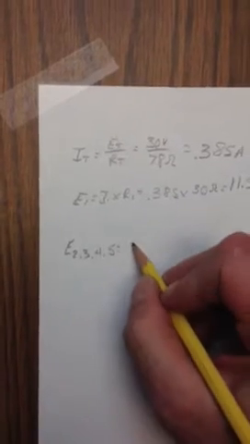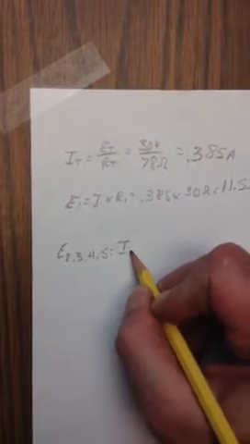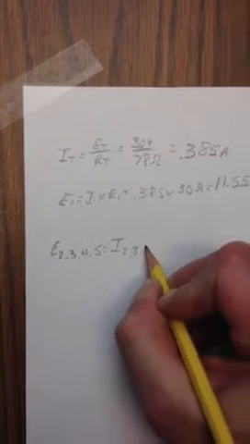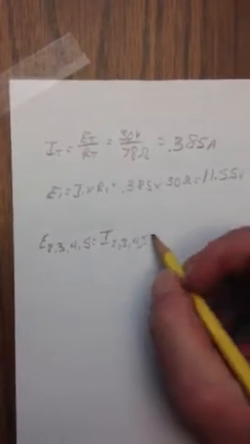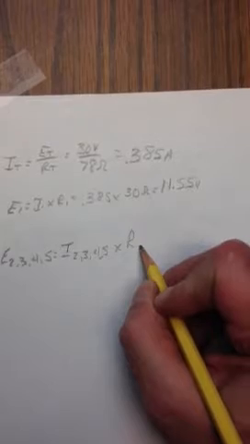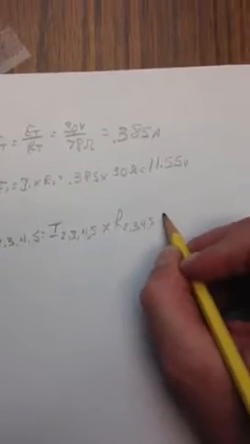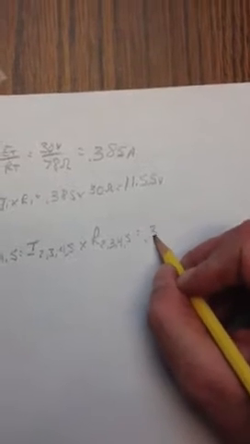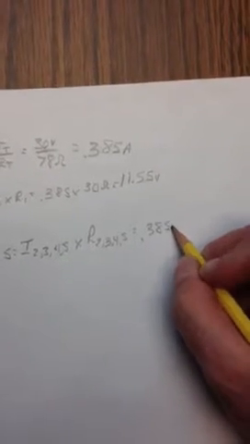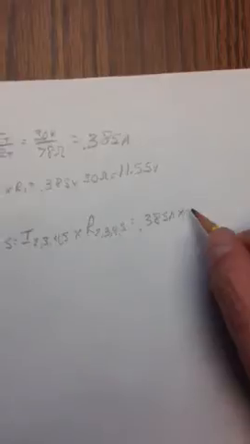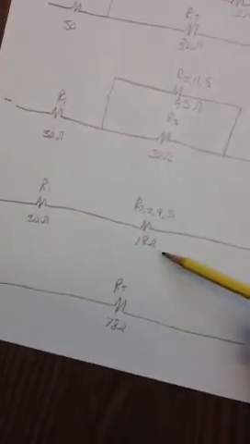E2345 is equal to I2345 times R2345. So it'll be 0.385 amps times 18 ohms.